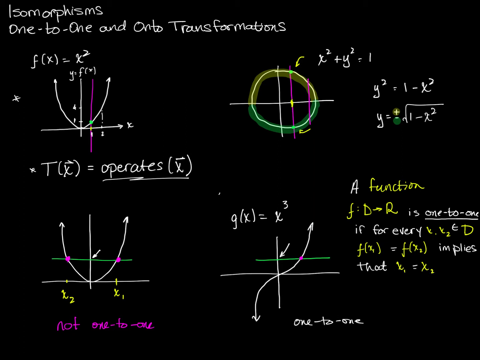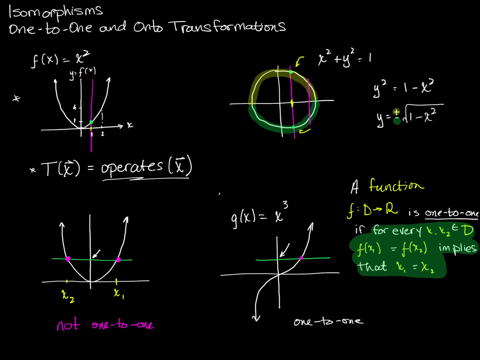So let's see if we can go over this quickly and see what it means. A function f that maps D onto R, maps from the domain onto the range, is called one-to-one if this sentence is true. What does that sentence mean?